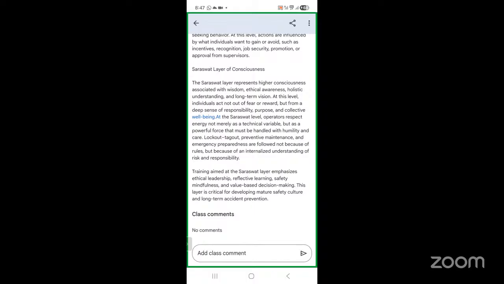"I have internalized the HIRA," that is the Saraswat layer. So these are the layers of consciousness. You can study the layers of consciousness at the individual level or the group level.